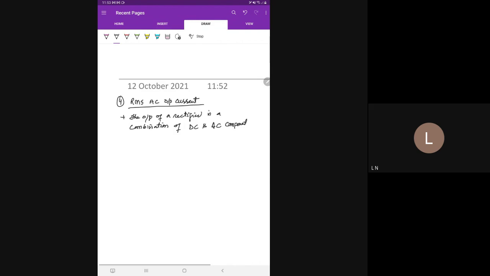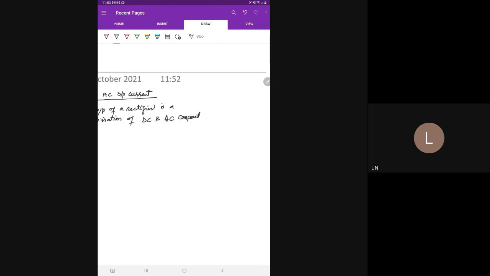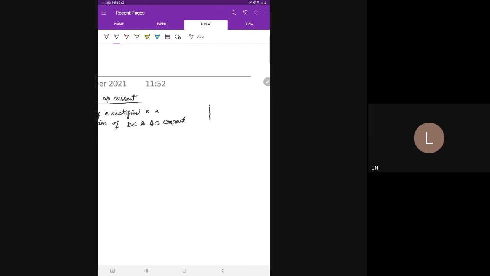So if we have the output, for example, of a rectifier, this is I rectifier, current of a rectifier. It consists of both AC and DC values. So it will have some DC value and then it will also have some AC value. For example, there will be a sinusoidal output, more or less, okay?